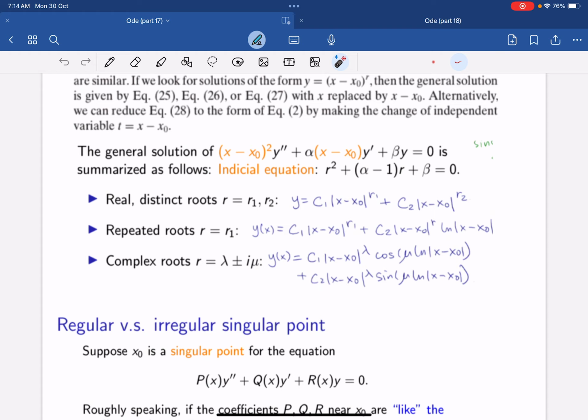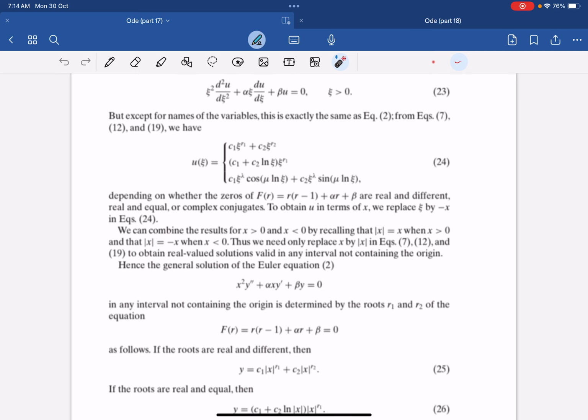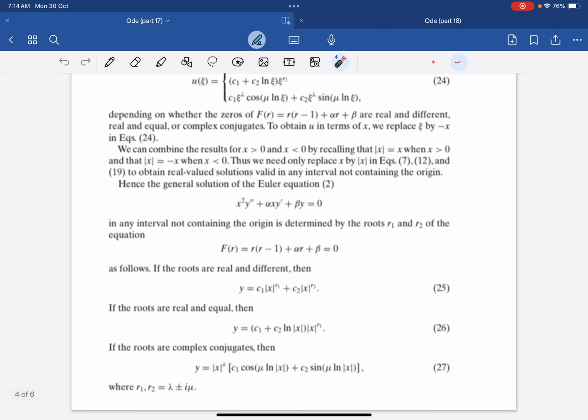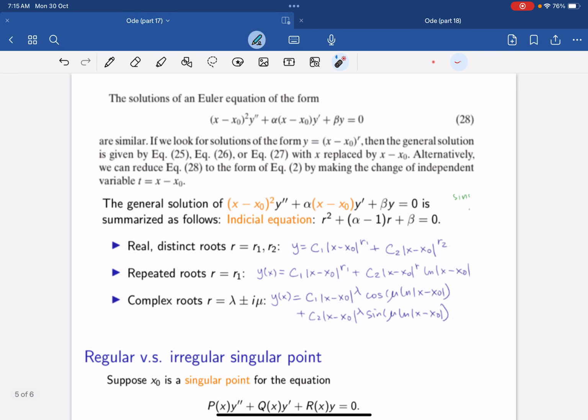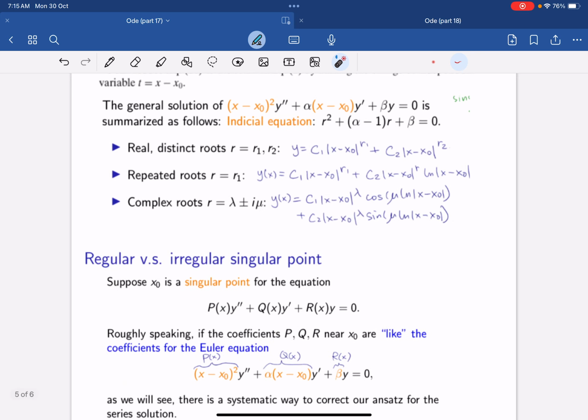So I hope it's not too hard to understand that for the x less than 0 case, it's exactly the same thing. And now you want to combine the two solution sets into one. You just need to use the modulus. And for the general solution in a general Euler equation, you just need to translate the solution to the singular point.